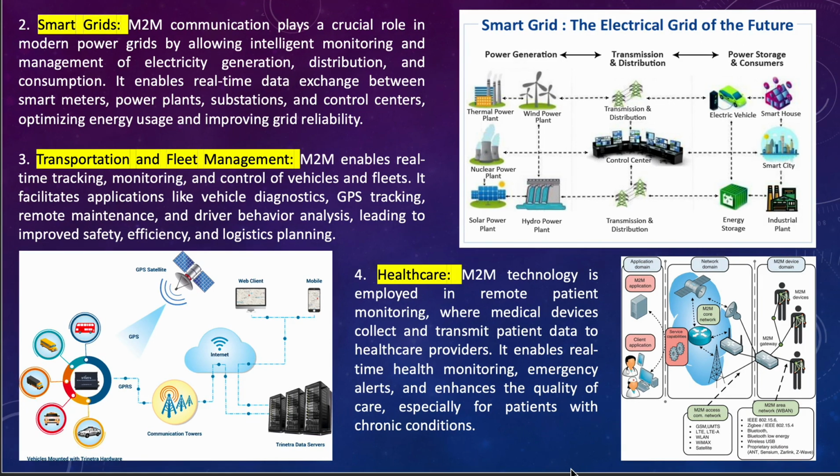Before going into the next domain or next industry, as an example, let's take these three domains or industries. The smart grid, where it is the main point of distribution. The smart grid is about producing electricity and distribution of electricity.